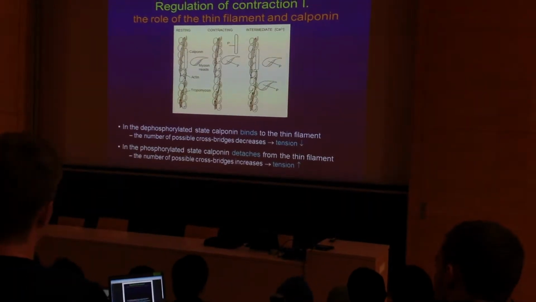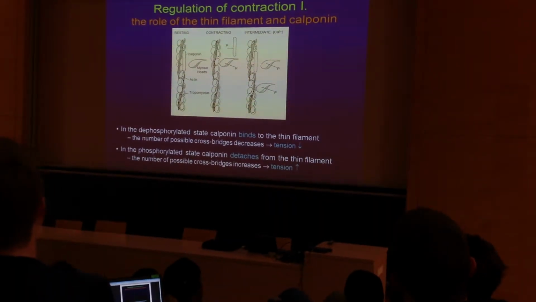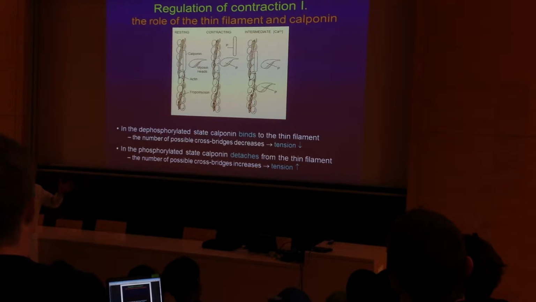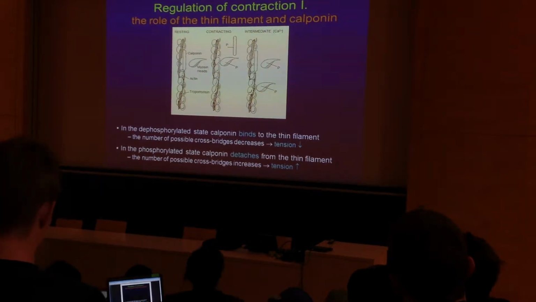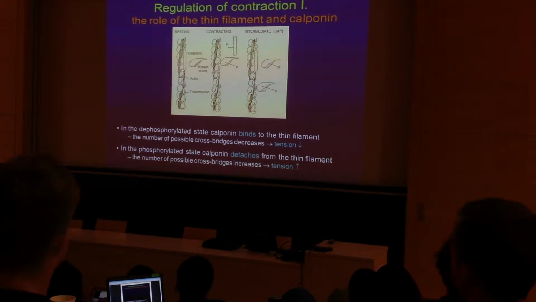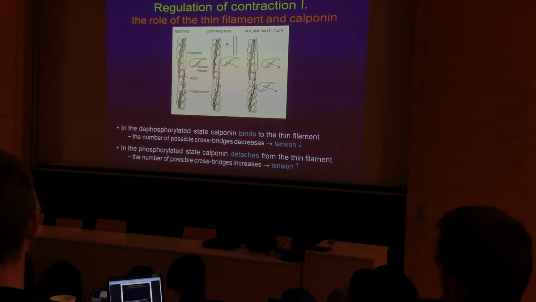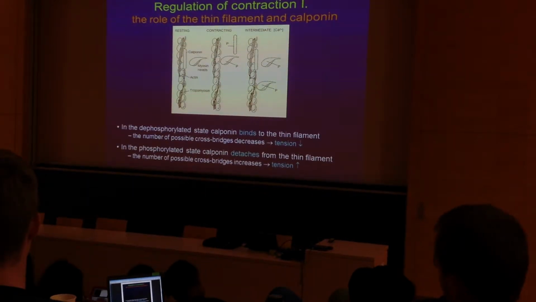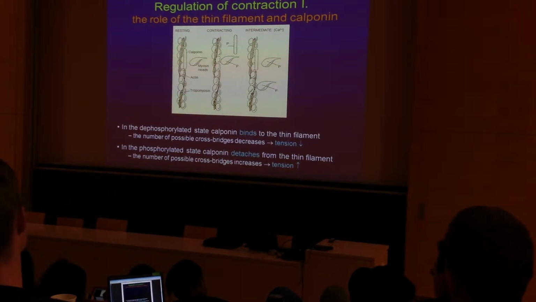You would then readily ask the question that in striated muscle, the regulation was based on thin filament changes. In smooth muscle, this previous mechanism was based on thick filament regulation. Does the thin filament in any way regulate smooth muscle contraction?